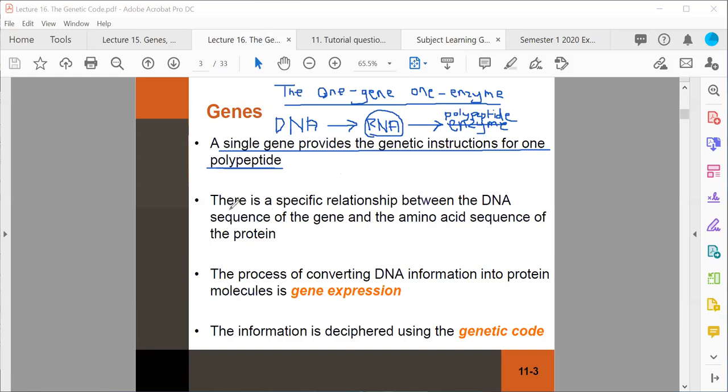All right, so that means that there must be a specific relationship between the original DNA sequence of the gene and the amino acid sequence of this polypeptide. And when we're talking about the DNA sequence of the gene, we're talking about the actual sequence of nucleotides that are found in that gene.